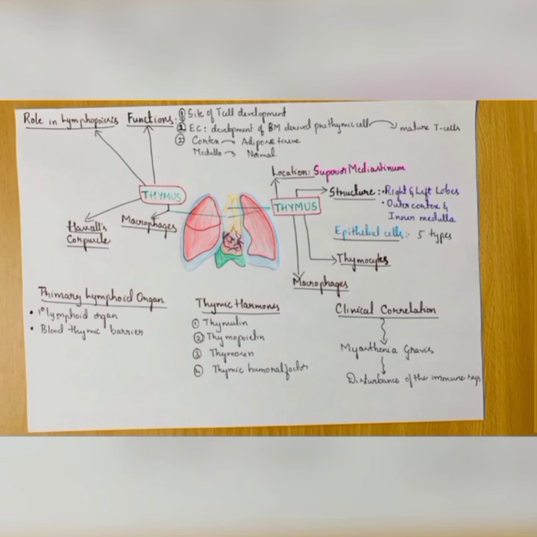Now let's see its role in lymphopoiesis. Stem cells from the bone marrow reach the superficial part of the cortex and undergo repeated divisions to form small lymphocytes. During this repeated division or mitosis, the DNA also undergoes random mutations.